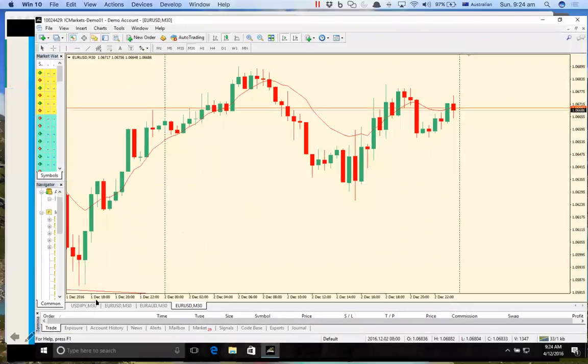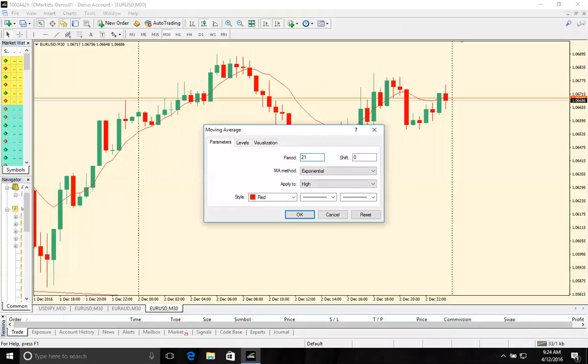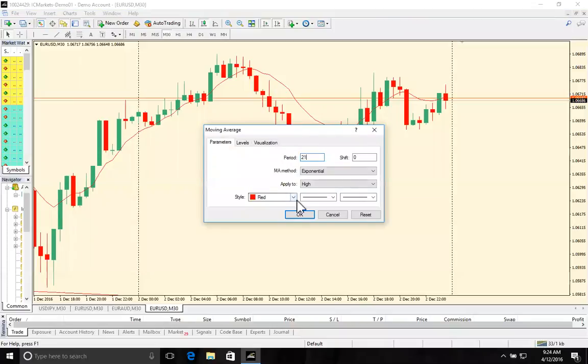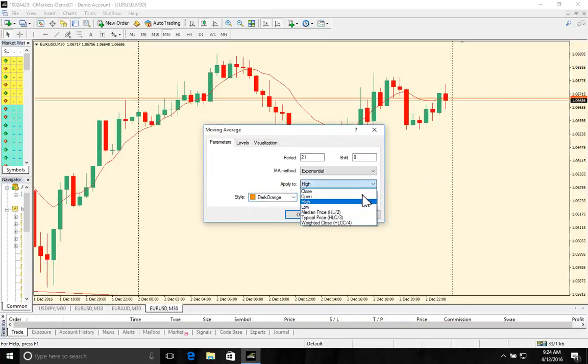Now the second indicator I want to put is 21 EMA. So again, moving average, 21, and the color is yellow, gold. Okay, so gold, and this should be the close. Another thing I want to tell you, the moving average methods are here, exponential and simple.